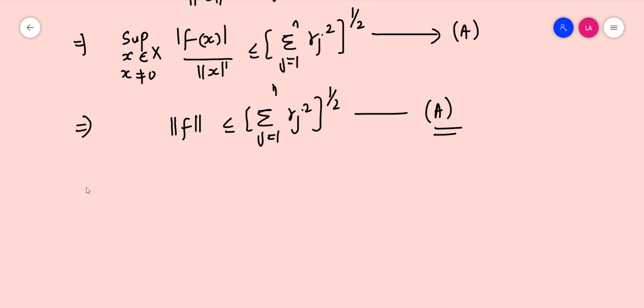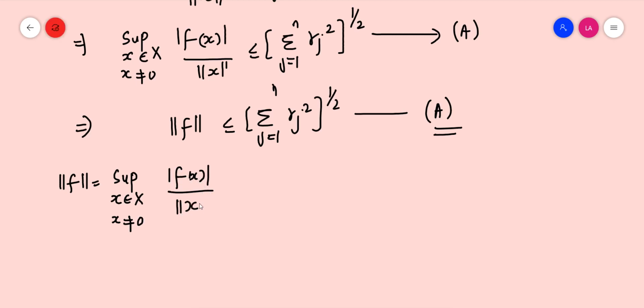Now norm f is defined as the supremum over x element of capital X, x not equal to 0, of modulus of f of x by norm x.